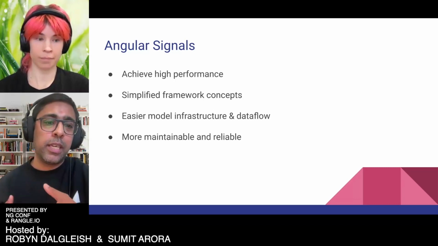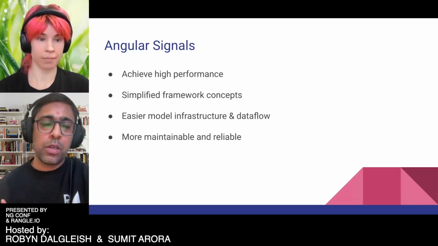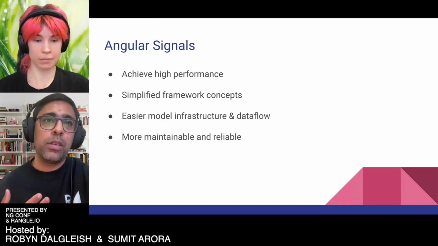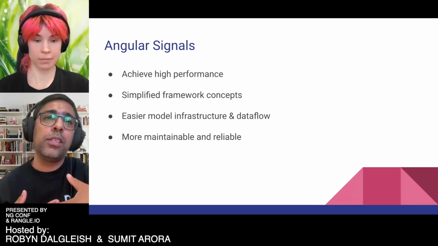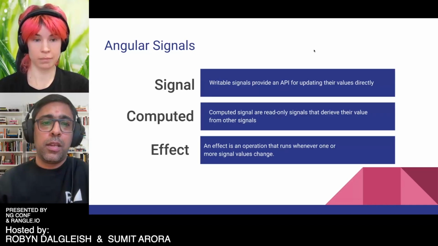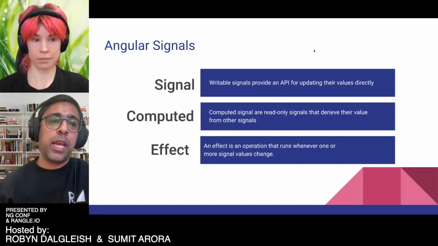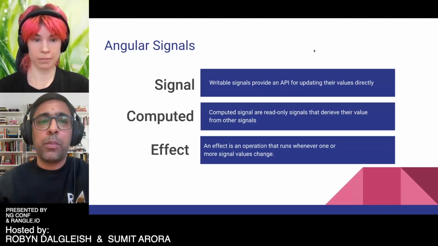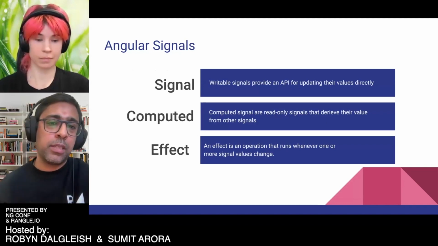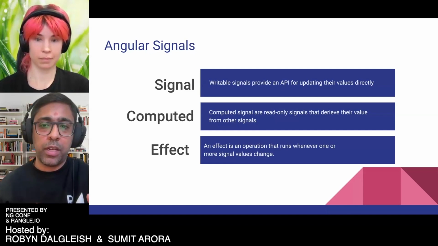What we have seen is they are also more maintainable, because you can only set and get the value within the signal, so you are not relying on any other things itself. Now, as a part of this, the Angular team released three primitive signals initially, which is basically signal, the writable signals API that provides updating the values directly.